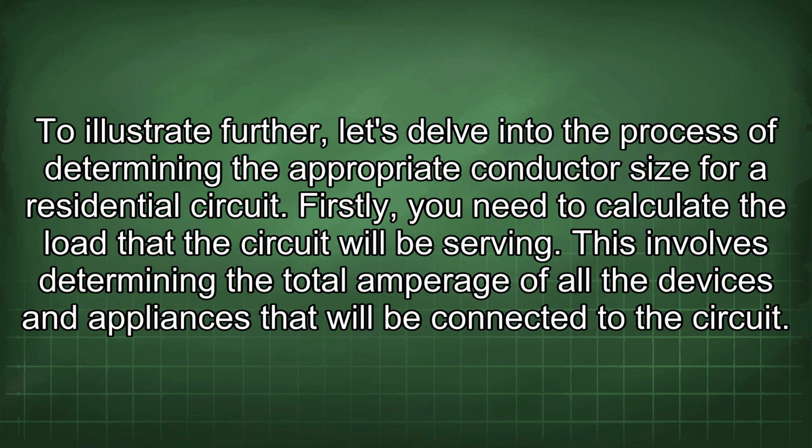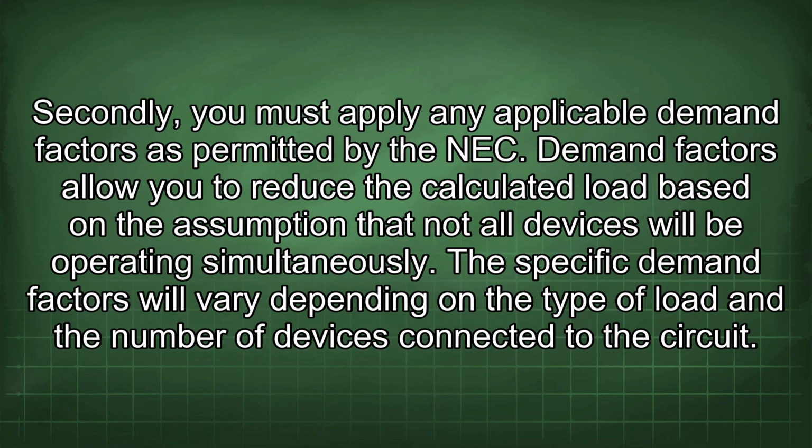To illustrate further, let's delve into the process of determining the appropriate conductor size for a residential circuit. Firstly, you need to calculate the load that the circuit will be serving. This involves determining the total amperage of all the devices and appliances that will be connected to the circuit. Secondly, you must apply any applicable demand factors as permitted by the NEC.